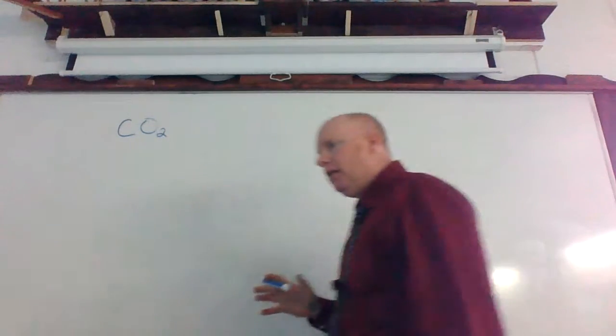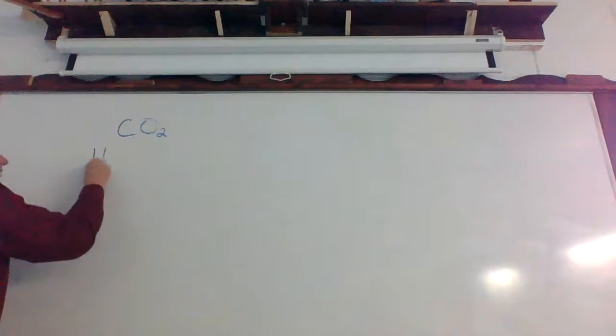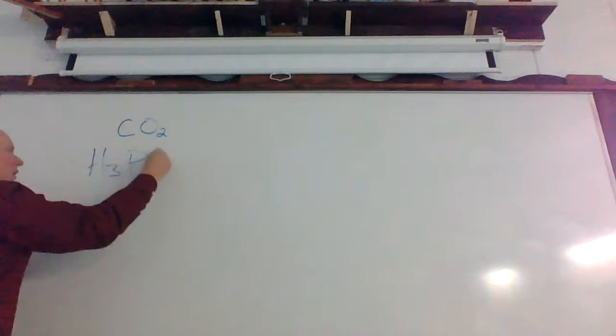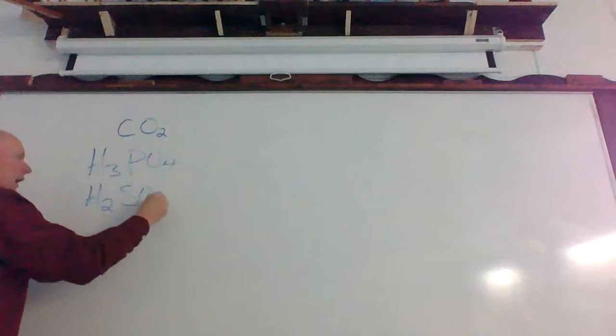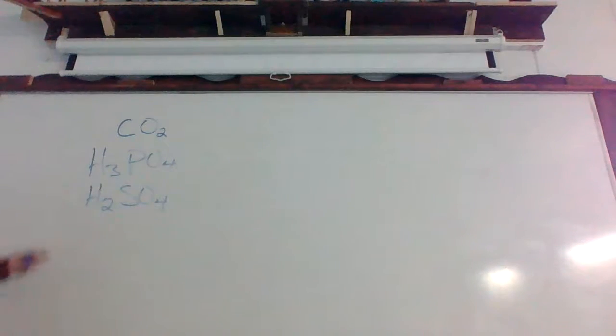Nitrogen. Now, when we look at, for instance, a large molecule like H3PO4 or H2SO4, whether it's this acid, which is phosphoric, or this one, which is sulfuric, which one of the elements in this compound goes in the middle?